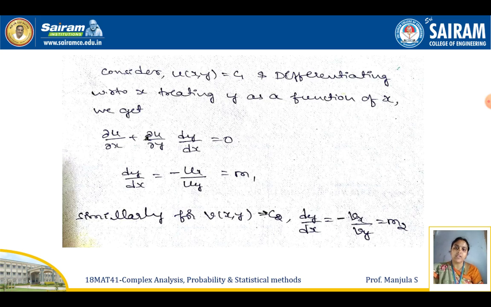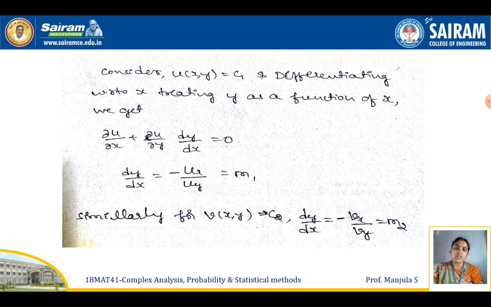Differentiate with respect to x, treating y as a function of x, so it can be written in this form: dou u by dou x plus dou u by dou y into dy by dx equals 0. Taking the dou u by dou x term to the RHS, it becomes negative: dou u by dou y dy by dx equals minus dou u by dou x.